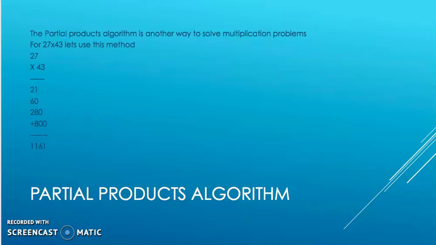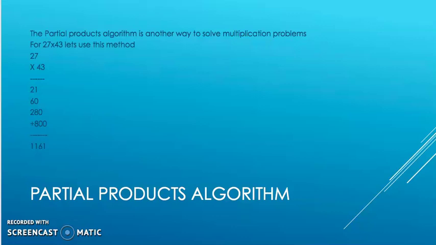After you distribute the 40 to the 7, we have one more step before we're done with this multiplication problem. So we're going to distribute the 4 in the tens place, which is 40, to the 2 in the tens place. Remember what we said the 2 in the tens place would be? The value would be 20.